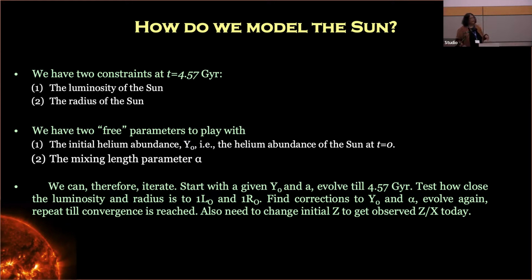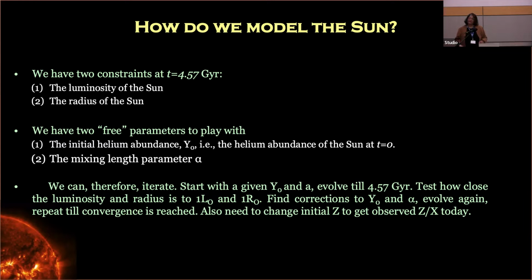Now, it turns out when you look at these 1D models, there are two main free parameters. Neither of them can be observed directly. One is the abundance of helium that the sun was born with, okay? Because the sun wasn't born today, it was born 4.57 billion years ago. And the other is a parameter which actually controls how we treat convection in 1D.